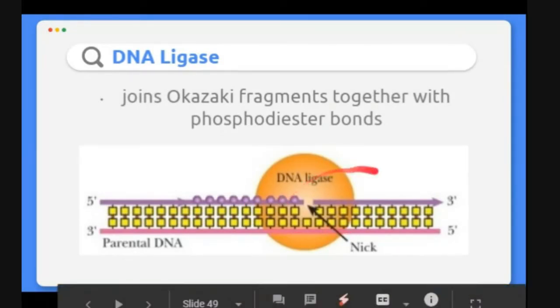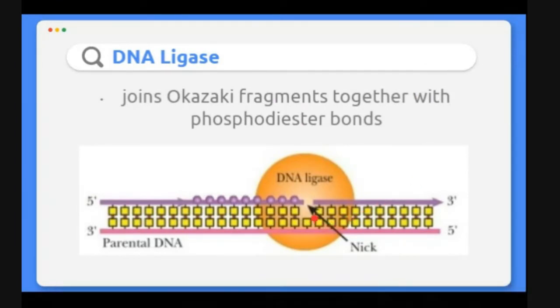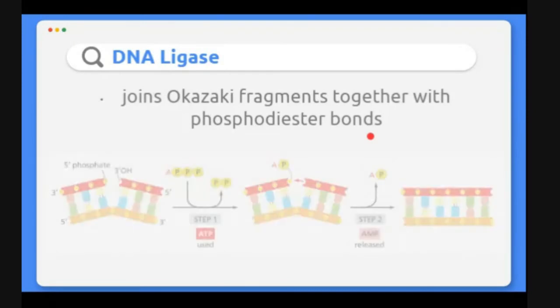So again, your lagging strand, they are formed in segments, right? And these segments, meron pang mga separated regions. And those separated regions are joined by the DNA ligase through phosphodiester bonds because yung nawawala dito ay yung bonds between the sugar phosphate backbone.